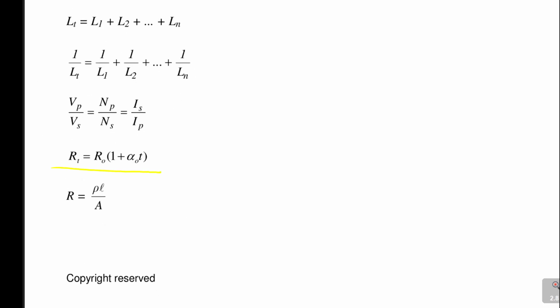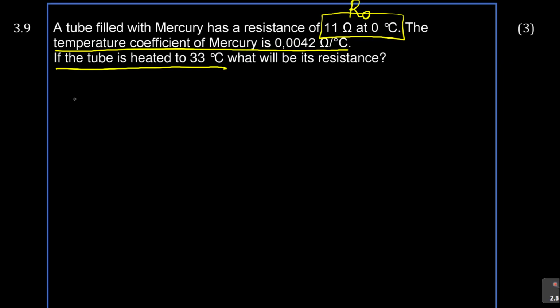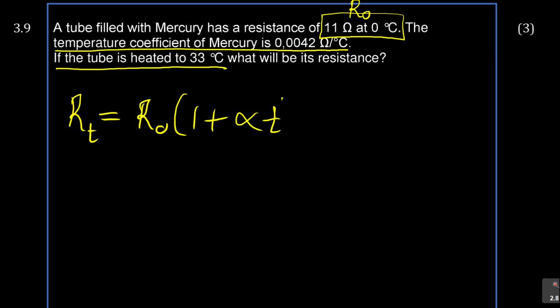Which one is this? We are here. So let's write that formula to say RT is equal to R0, 1 plus alpha, or coefficient of temperature, times T there. Are you with me? Then the question is, if the resistance is this, what will it be if the tube is heated?